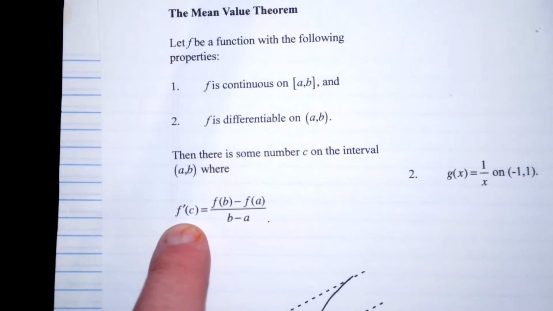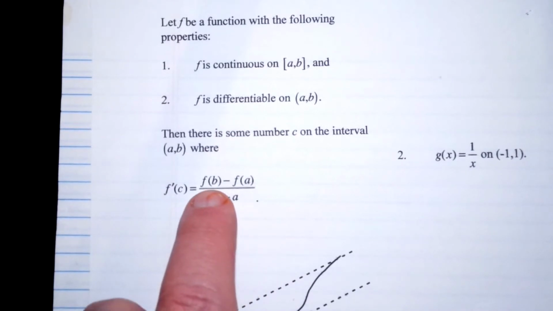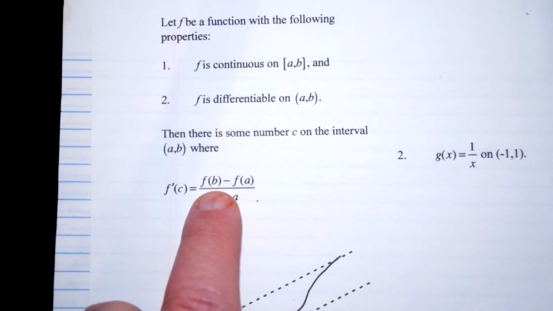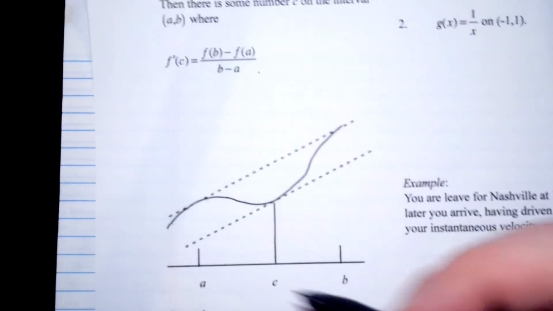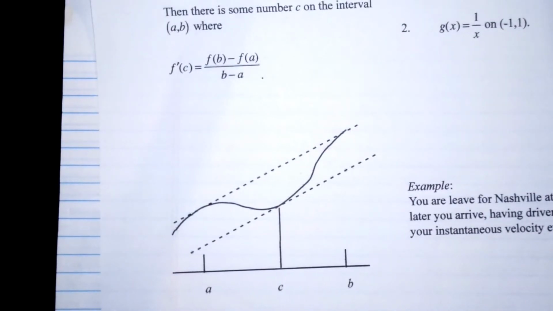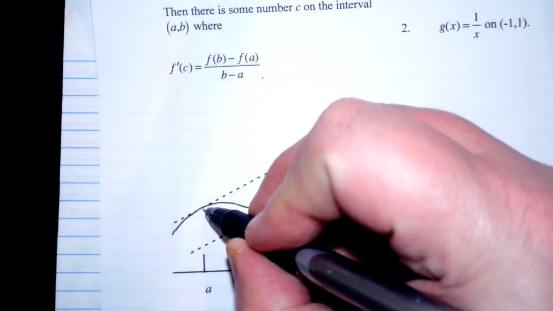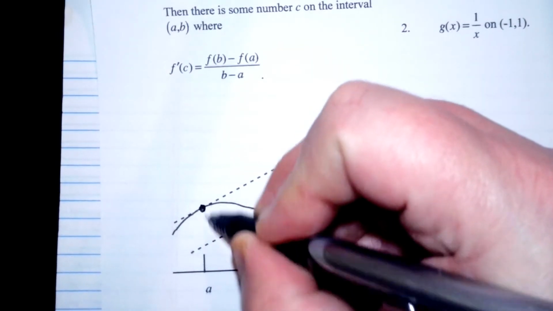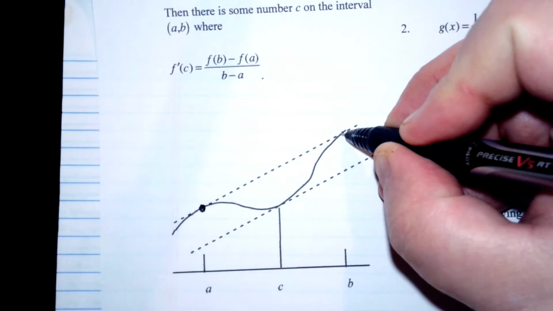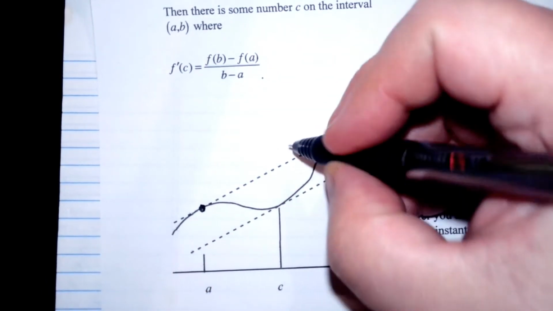So what this is saying is that if both of these two conditions are met, then if you draw the secant line, let's look at this example. Here's a function which is supposed to be continuous on the closed interval and differentiable on the open interval from a to b. I've taken the point on the graph that corresponds to x equals a and the point that corresponds to x equals b, and I've just drawn the secant line.